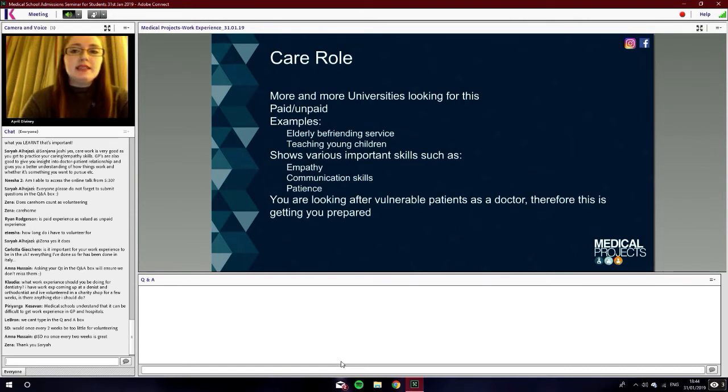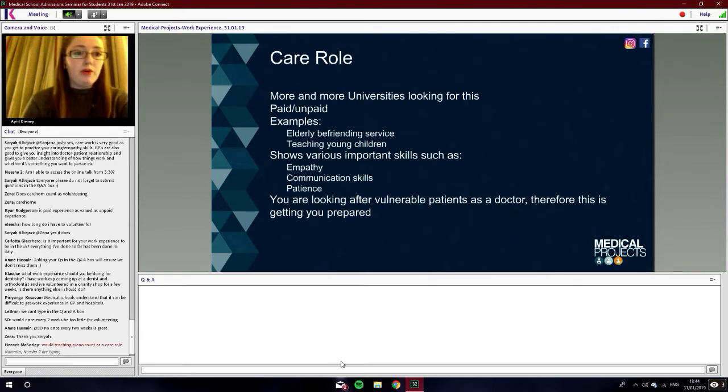I think that's the key, because when you're working with a vulnerable person of all ages, it reflects very well for when you're a doctor. The patients that you see as a doctor are all vulnerable patients, okay? People come in unwell, they come in sick, old or young, people come in at their most vulnerable and you see them as a doctor, okay?